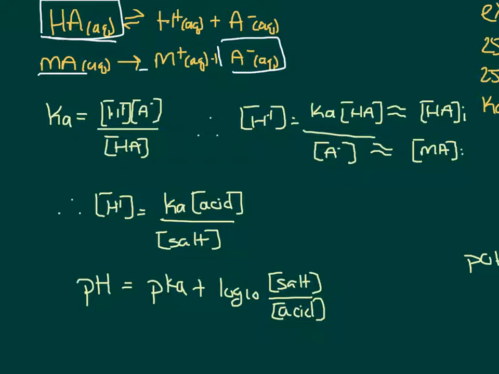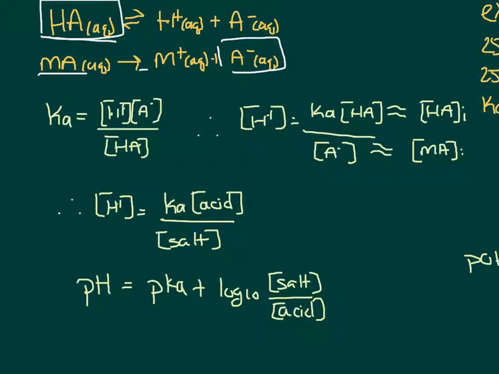Because these are weak, we have to look at the Ka values. Here is the pathway in which to set this up. Ka equals the concentration of your hydrogen ion times your acid ion over your acid, as we saw in 18.1 again.